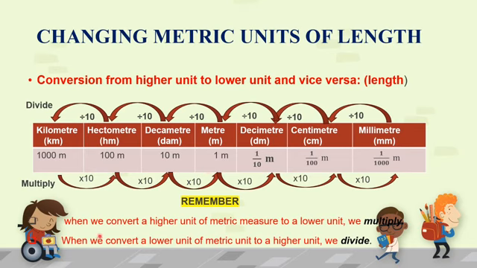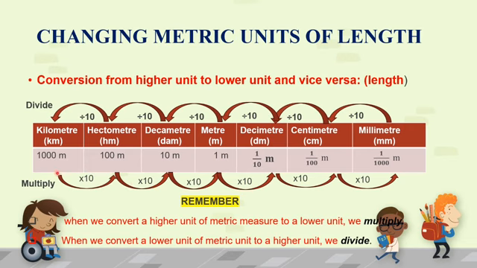Remember, when we convert a higher unit of metric measure, like the kilometer, to a lower unit, we are going from higher to the lower side. That time we always multiply. When we have to convert from higher to lower unit, we will multiply.